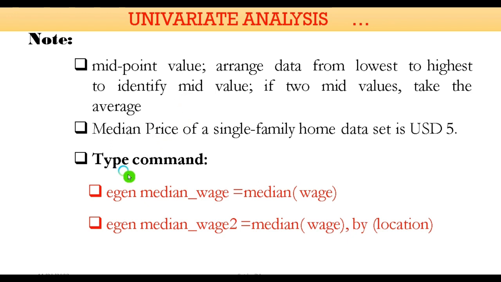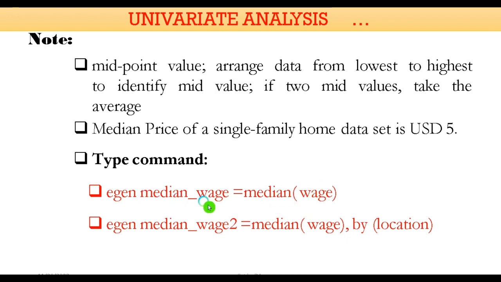On the other hand, you can type the command, simply median. For example, you want to generate median of which, this one is the name of the variable, median of which is equal to median of the variable you want.